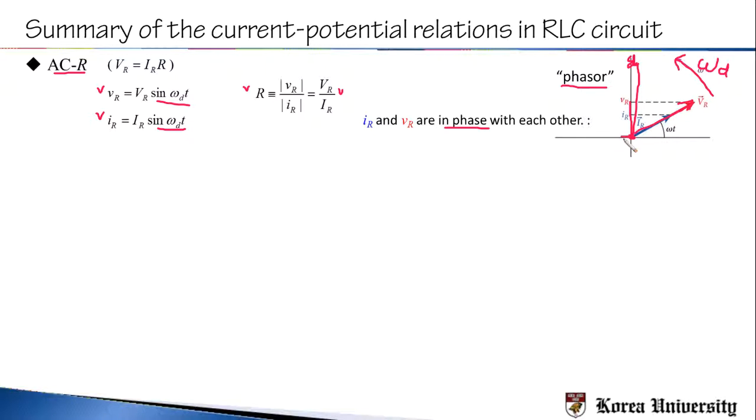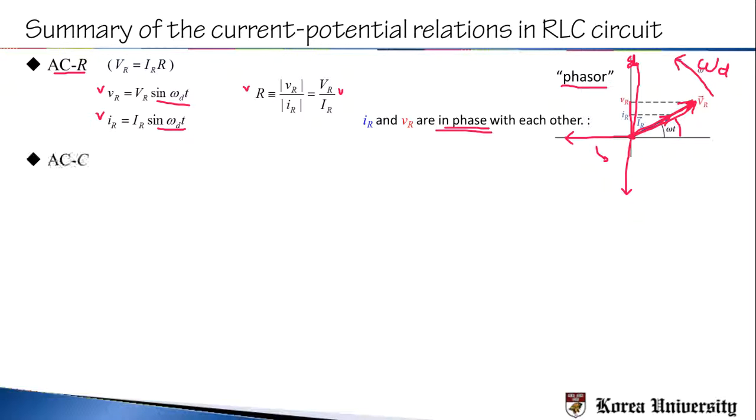If this arrow is lying like this, the value of the potential will be just 0, and as it continues to rotate and comes up to here, it will be negative, because it's pointing downward. This is the phasor. In this case we are discussing the potential phasor arrow and the current phasor arrow on top of each other, moving together, so their angle is the same, and this is why we say they are in phase.